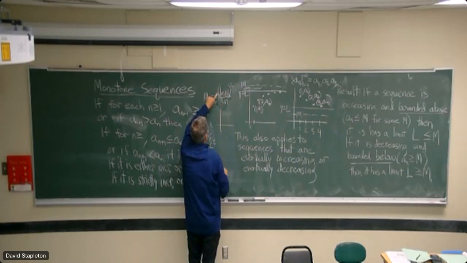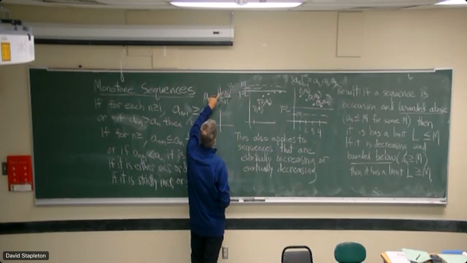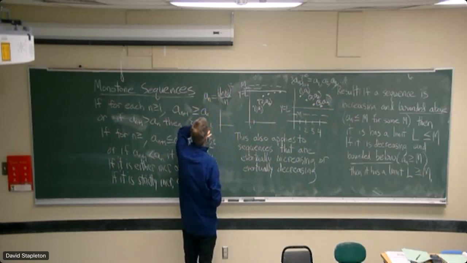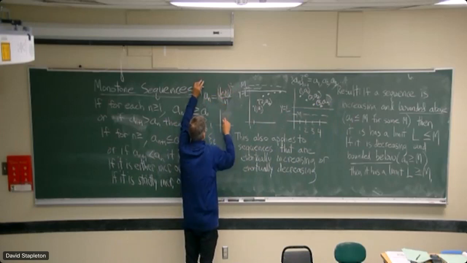I'd have to calculate this to be sure, but I think it increases a little at first. When n equals 1, this is equal to 0, because it's 0 over 1. So it goes to this point here at 1.